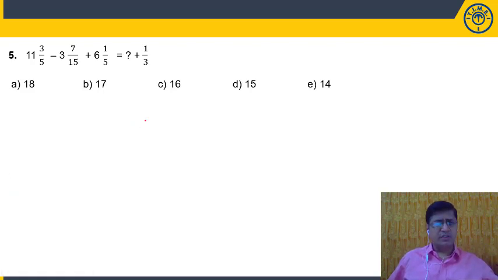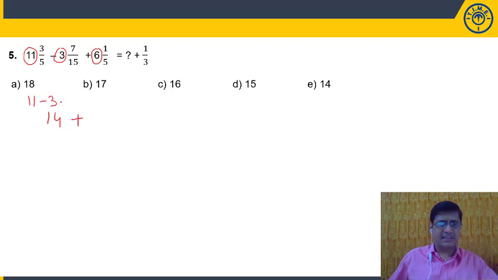Now logically, how to answer this question without using a pen and paper in a simple way: sum of the integers and sum of the proper fractions. Please note down sum of the integers and sum of the proper fractions. Integers here are 11, 3 and 6. 11 plus 6, 17 minus 3, it is 14. Sum of the integers is 11 minus 3 plus 6.